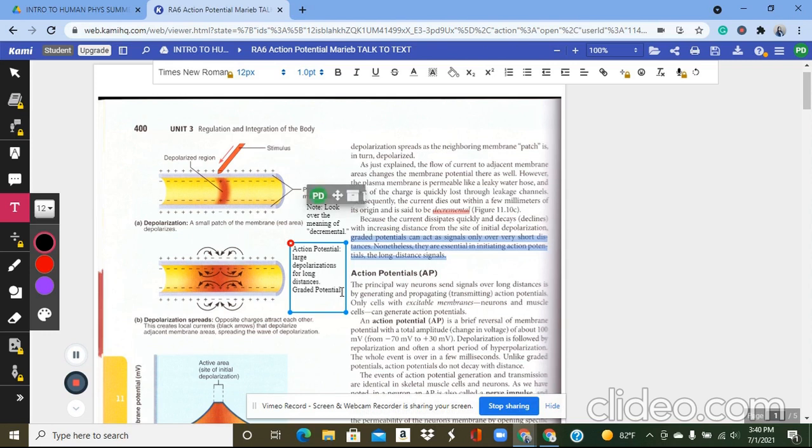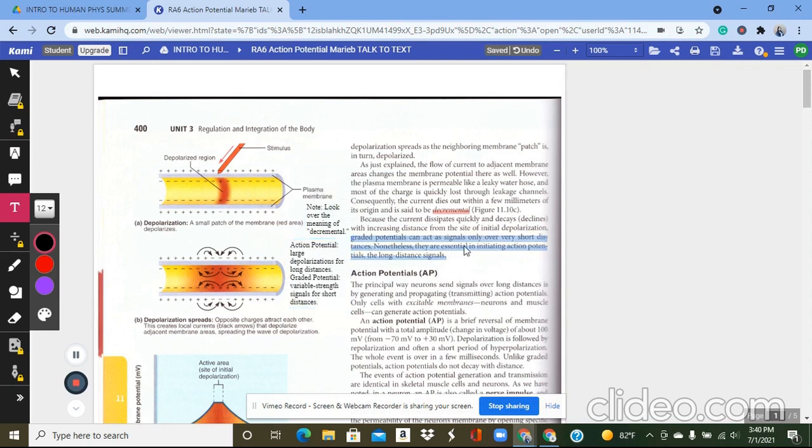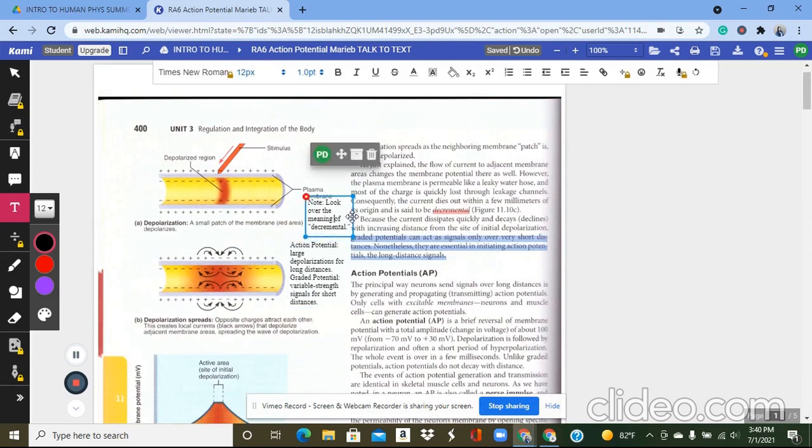For graded potentials, as mentioned here in the highlight section, they are basically variable strength signals for short distances. So that's one of the main differences between the action potential and the graded potential. Action potential is for long distances, graded potential for short distances. So I'll put that right here.